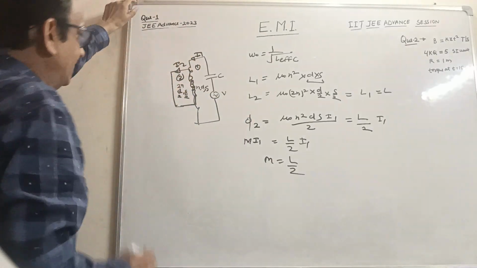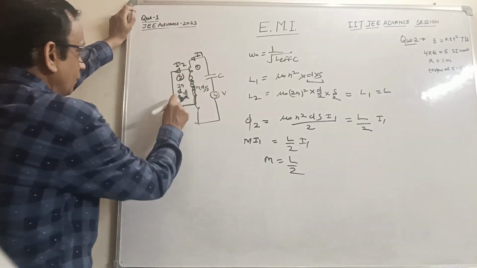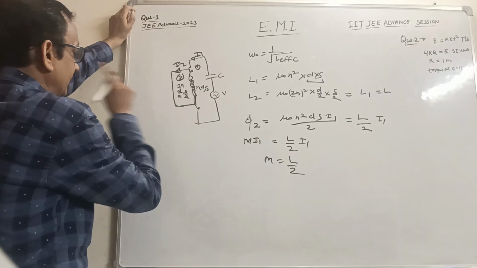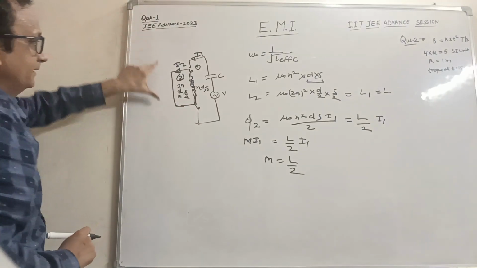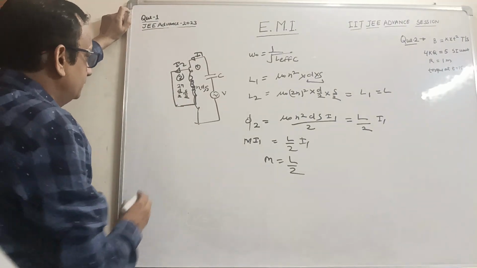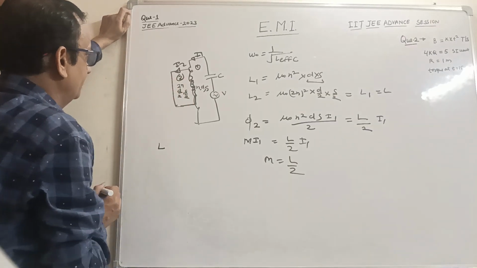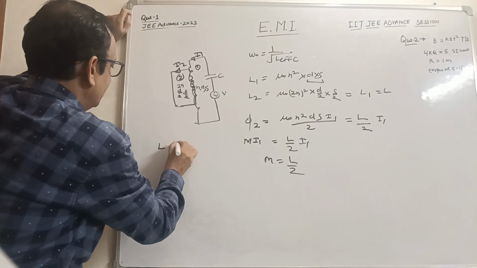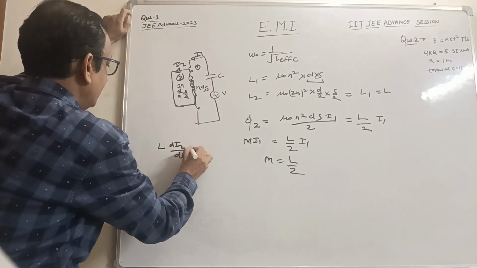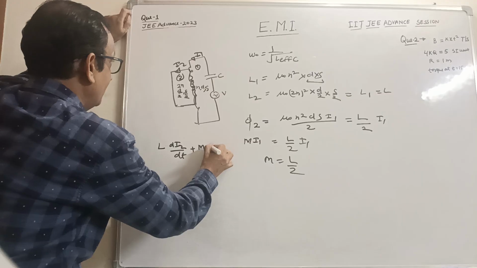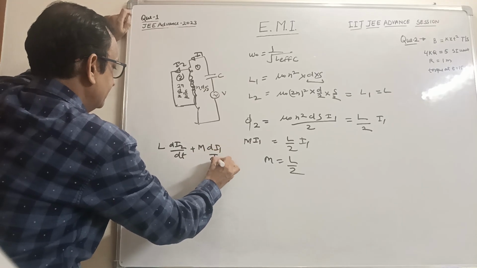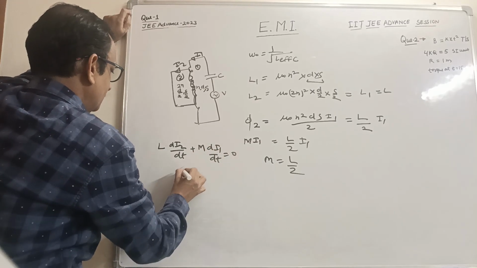Now writing the voltage. For the second coil, this is shorted, so the voltage here becomes 0. So L, the inductance of the second coil, times di2 by dt, plus the mutual inductance M times di1 by dt, becomes 0.